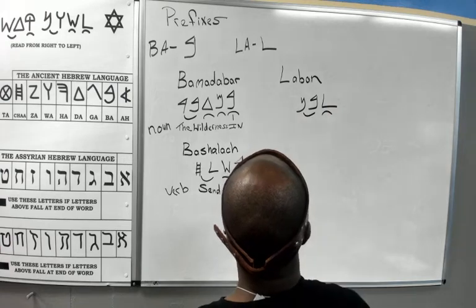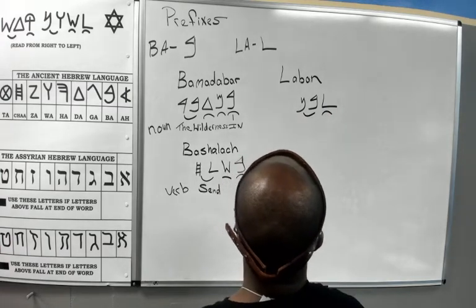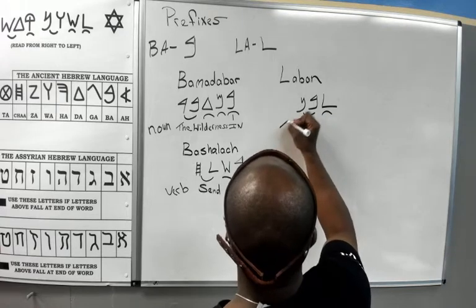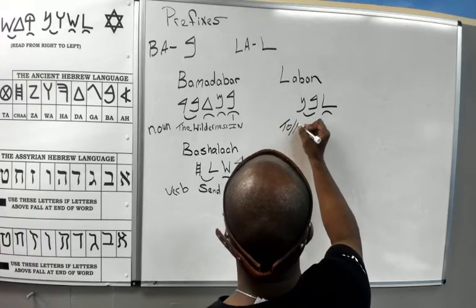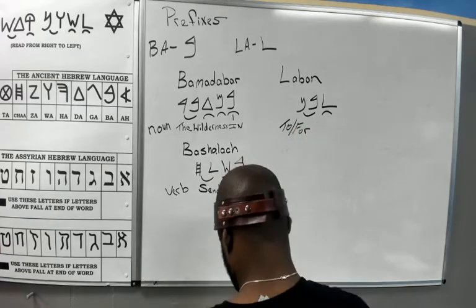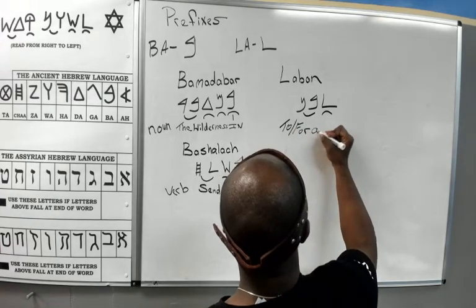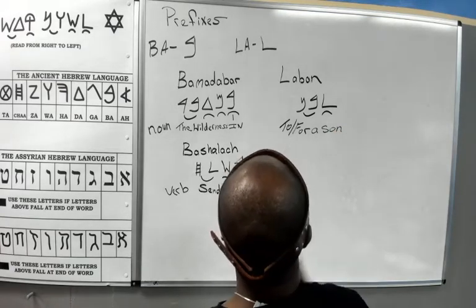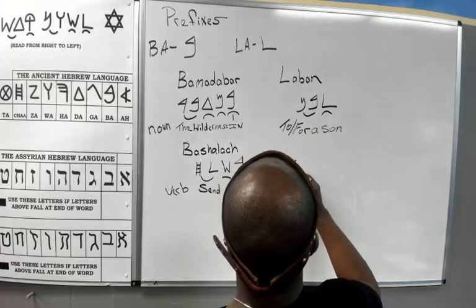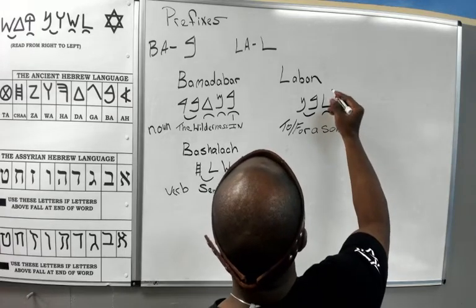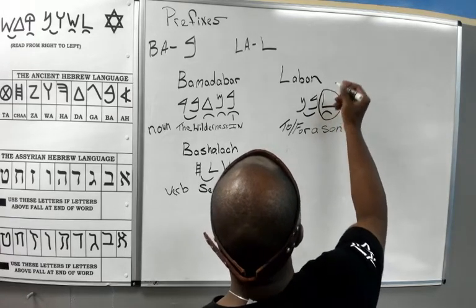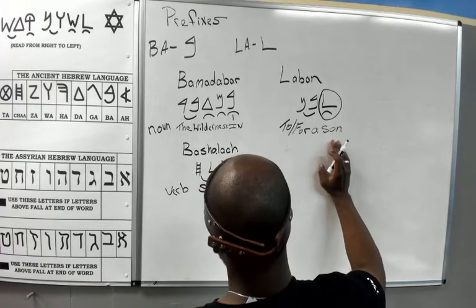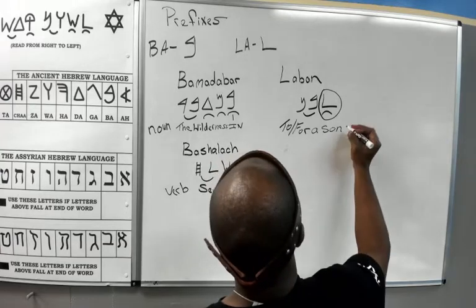Laban means to or for son. And then of course the root word would be Laban itself, but la would be the preposition. Now son, this would be a noun.